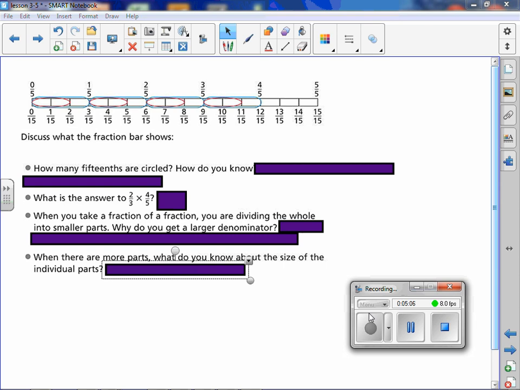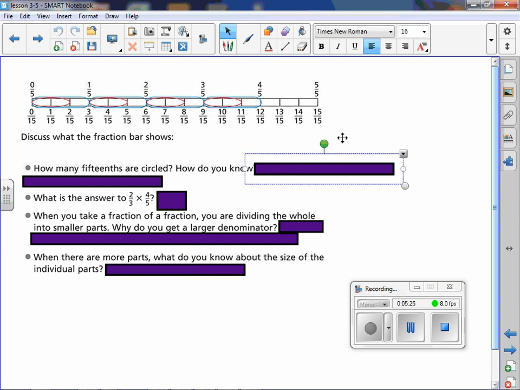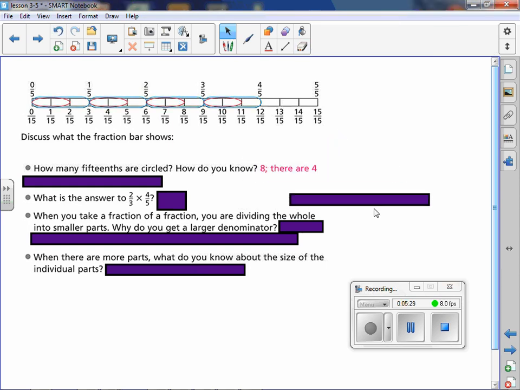If you look at how many 15ths are circled, there are 4 groups of 2, right? This is a 15th, this is a 15th, this is a 15th, this is a 15th, and so on. So 4 groups of 2 makes 8.